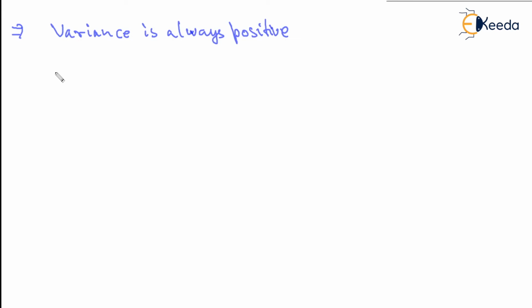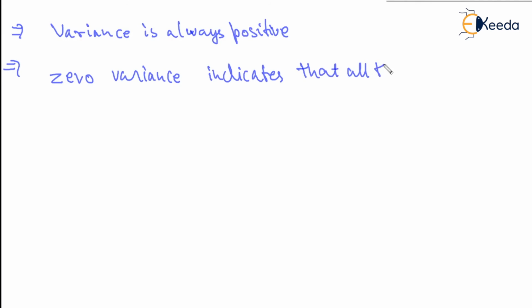Also, zero variance indicates that all the values of x are equal in distribution.